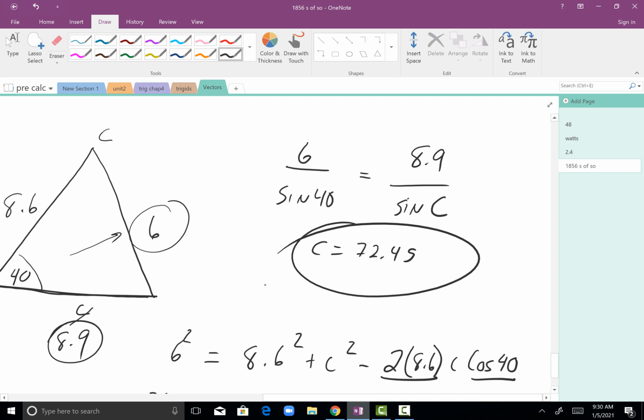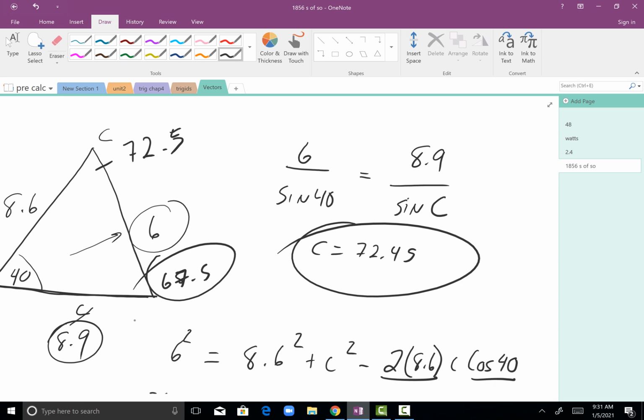Again, it was pretty close, we're just looking at rounding errors. Once we know that this is 72.5, we can just subtract from 180 to get the other angle, 67.5, and 67.12. Again, we're pretty close. That's all just rounding.